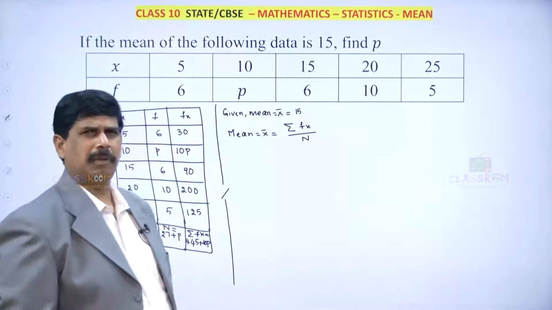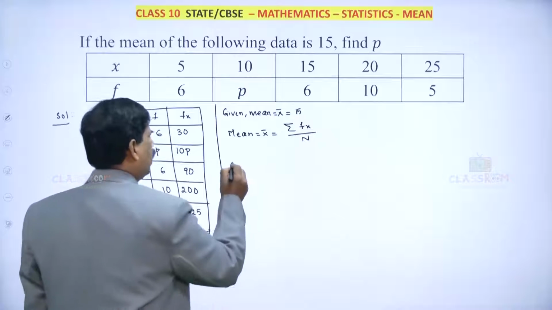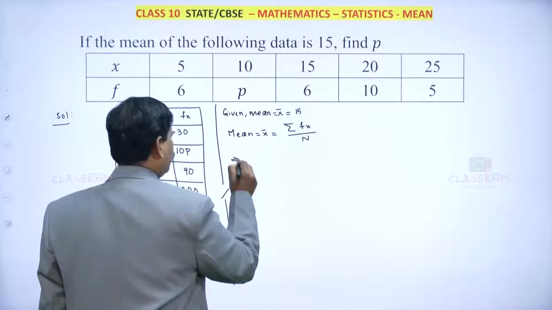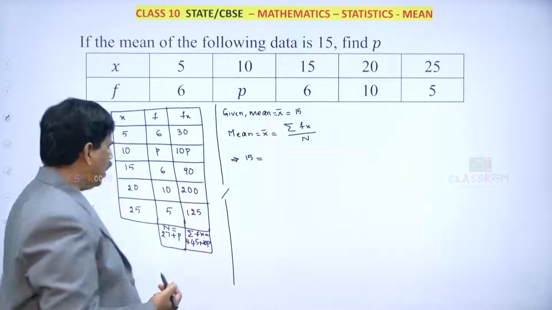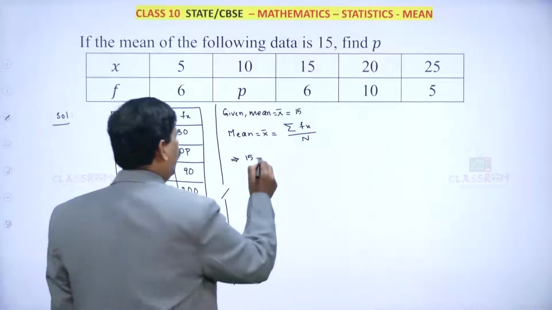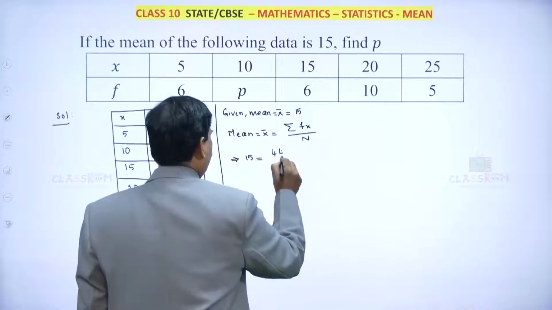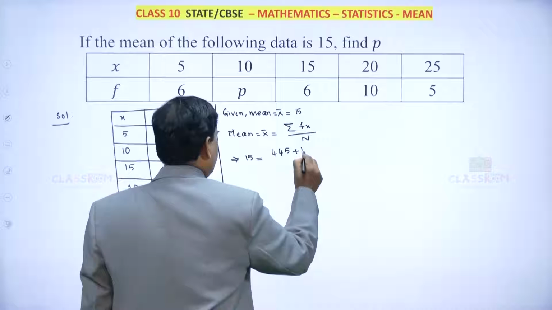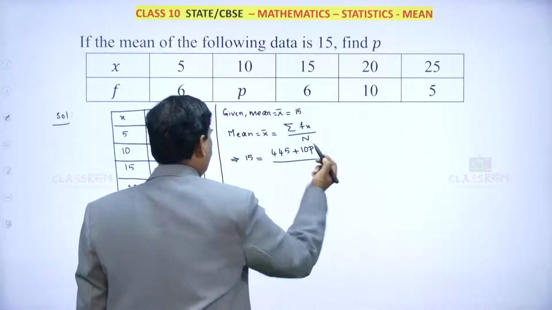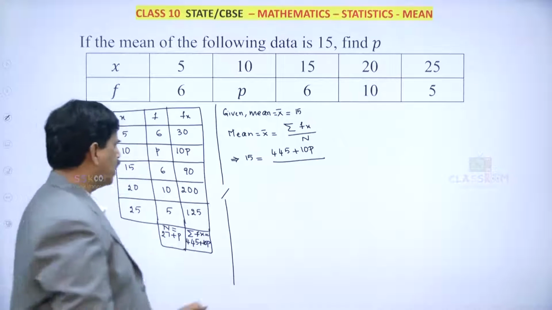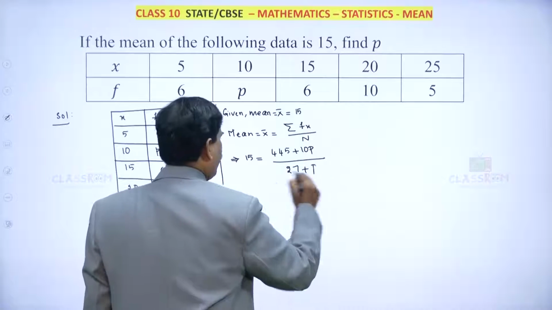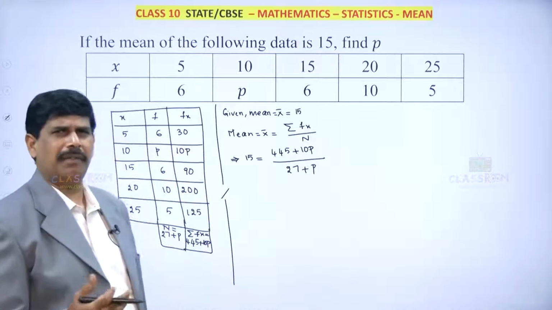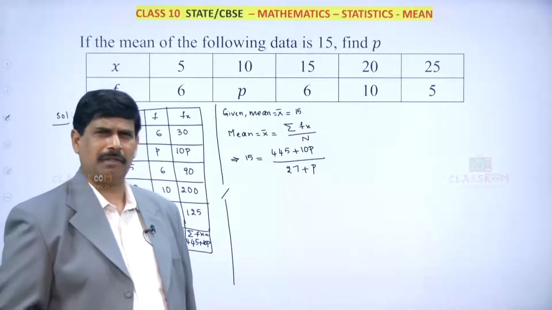Substitute now. X bar, that is 15, is equal to, how much is sigma fx, children? 445 plus 10P by, how much is n? 27 plus P. Now we'll simplify and we'll get the value of P. That is the missing frequency.